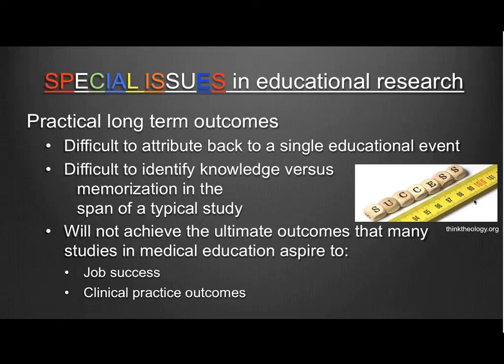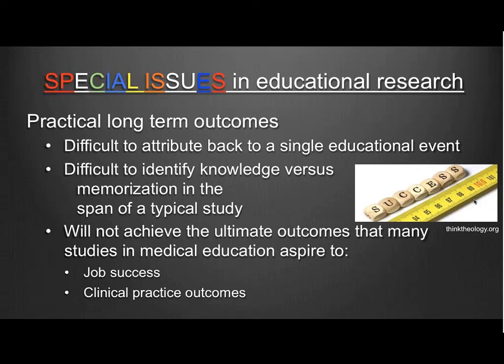Students come with prior knowledge, and you can't always attribute results to your educational event unless you make it really specific and focused. Sometimes it's also difficult to tell whether the knowledge you've obtained from your subjects is just memorization versus truly knowing it, because your span is so short.